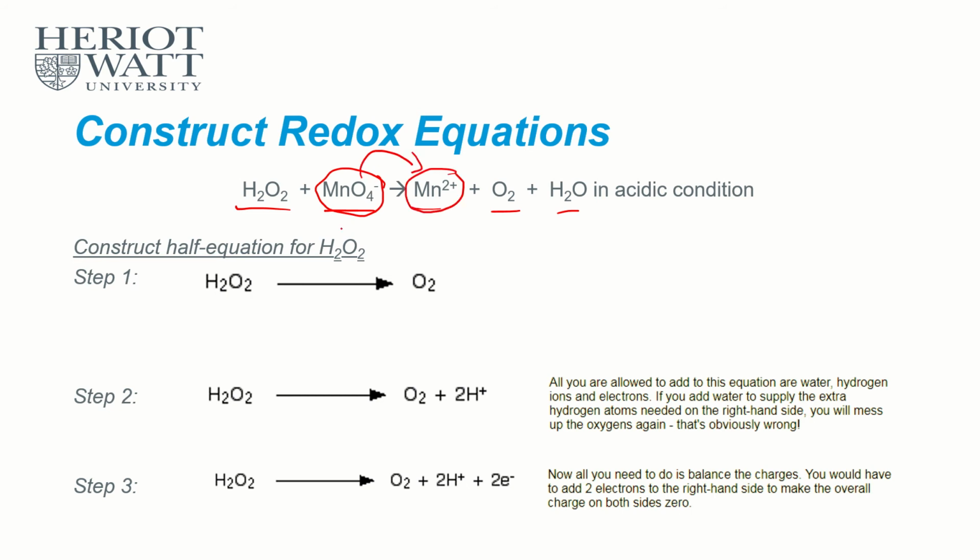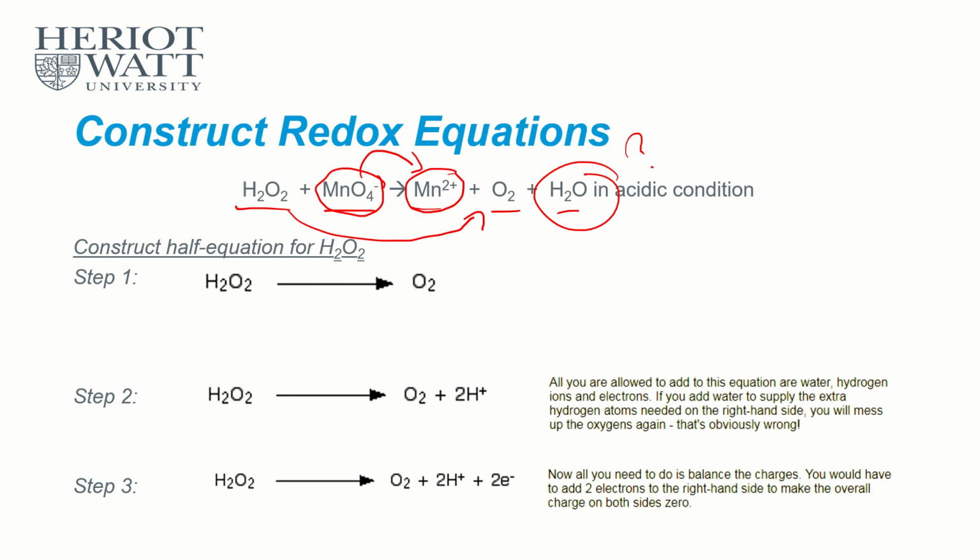And H2O2, hydrogen peroxide, is going to change into oxygen, because the decomposition of H2O2 gives oxygen. So you only get one product. What about water? No worries. When we construct the half equations, later we will know where the water comes from.